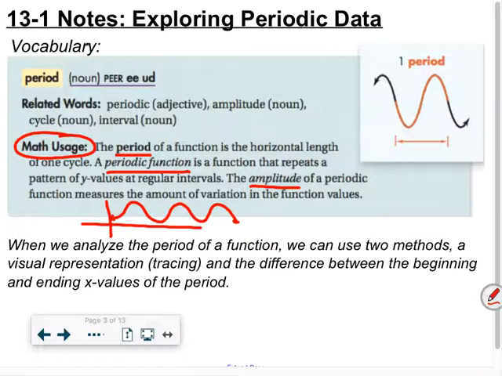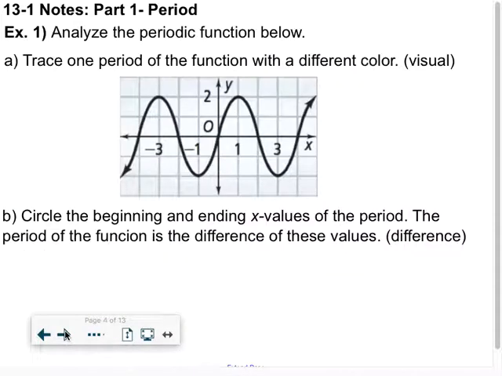When we analyze the period of a function, we can use two methods. You can trace, and you can look at the beginning and ending values of the periodic function. So let's actually do this. When you're ready, flip the page. Again, pause at any point if I'm going too quickly for you.